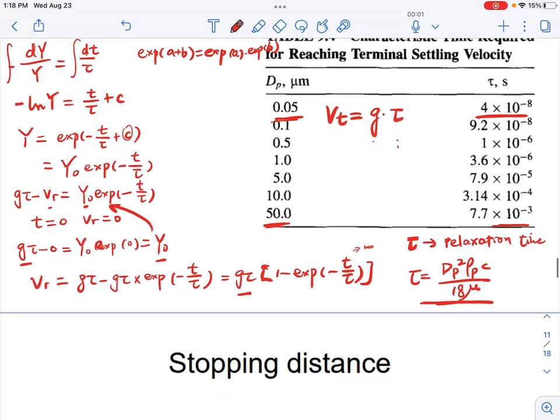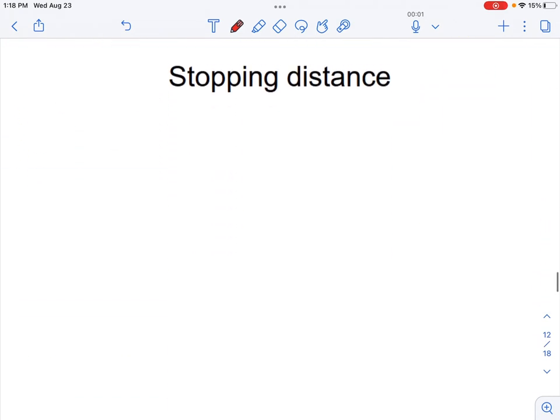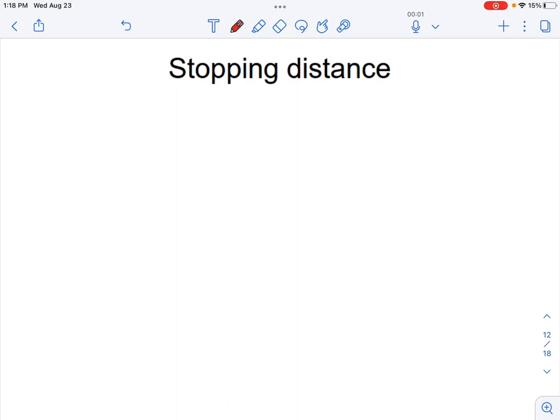You will see the relaxation time later on in the calculation too. The next concept is the stopping distance. Let's assume that particles are being injected into a stagnant airflow. Because the air is stagnant, at first there is a relative velocity, let's say Vp here.